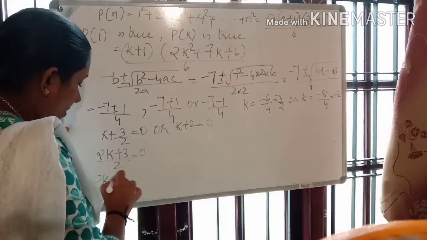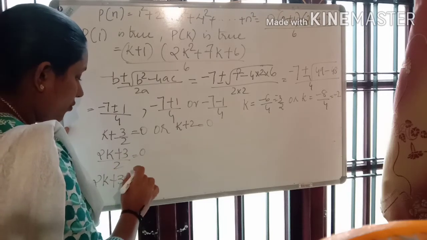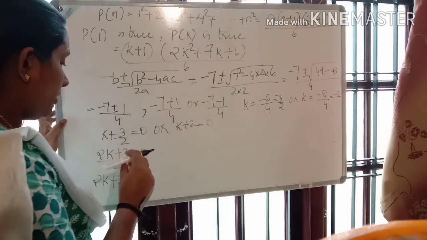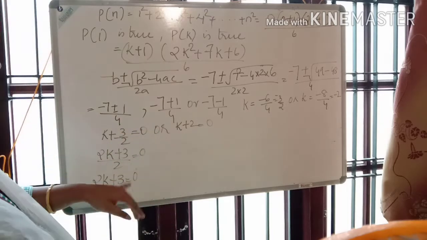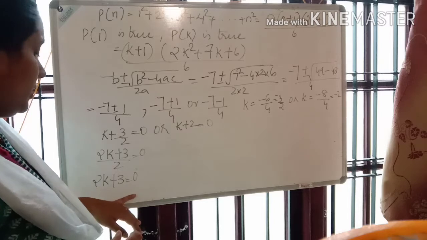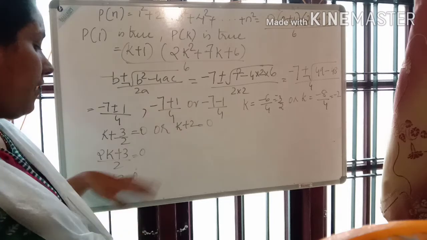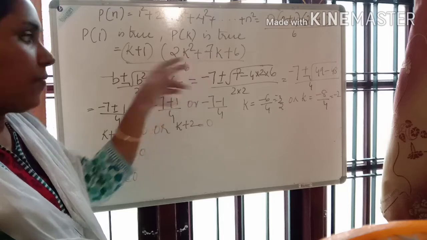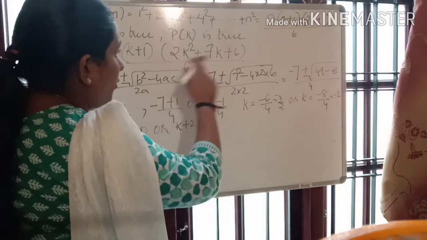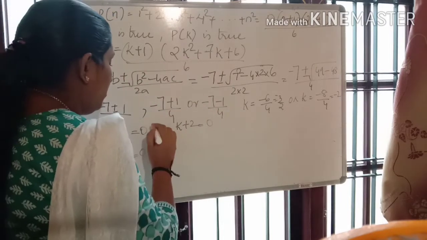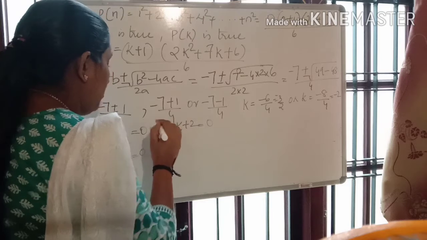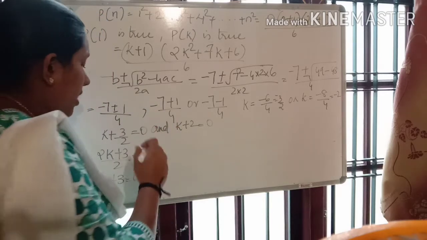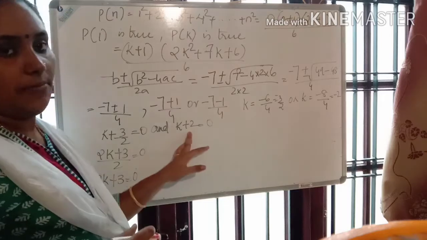Okay, 2K plus 3 equal to 0 into 2, that is 0. Here we get K plus 2 is equal to 0. Next, just apply these factors. Multiplication of these factors will give the answer as this equation, right? So the factors of this equation are 2K plus 3 and K plus 2.